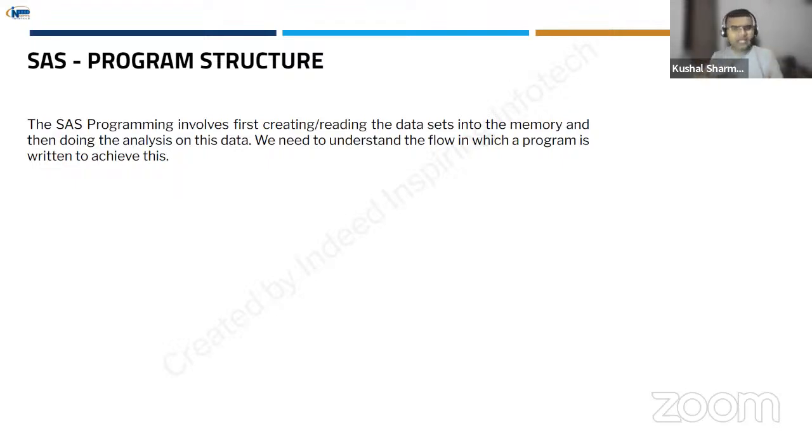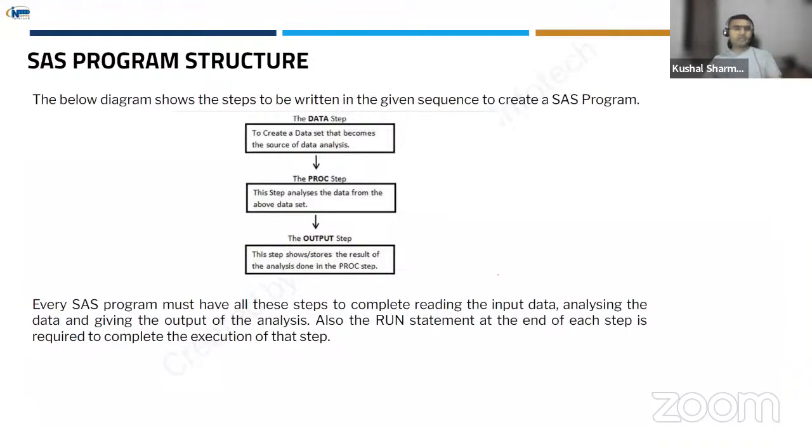So we need to understand the flow in which a program is written. Here you can see that we have a data step, a proc step, and an output step. The below diagram shows the steps to be written in the given sequence to create a SAS program. The data step creates a data set that becomes the source of data analysis.